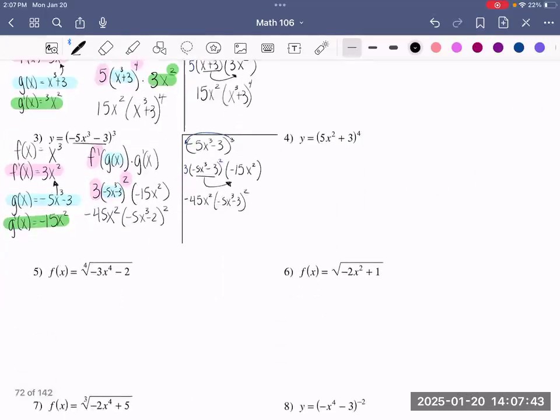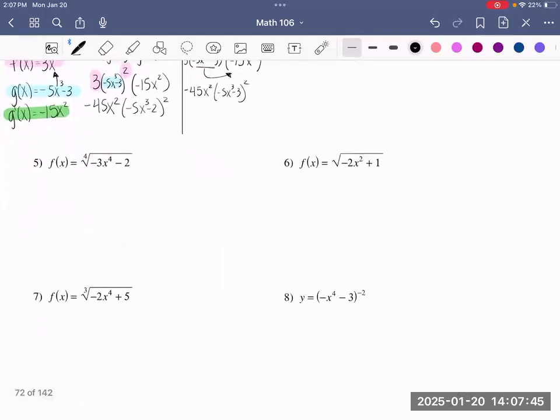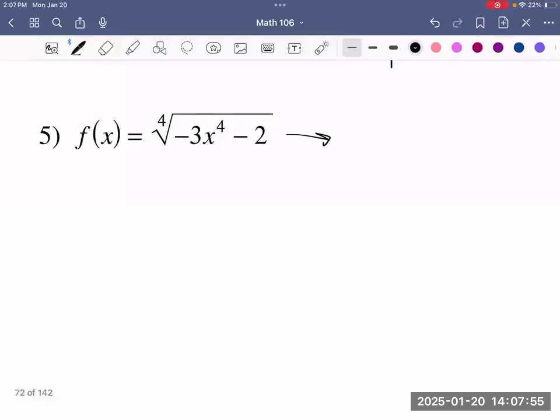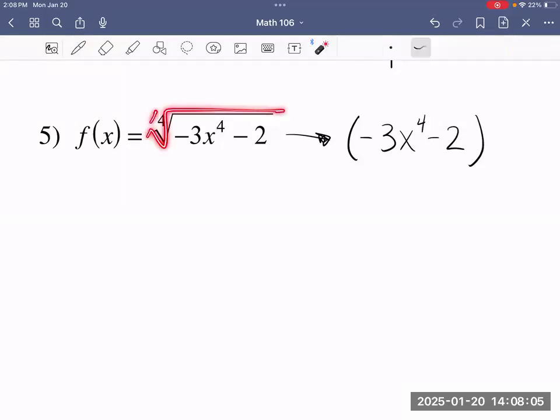All right, let's continue on. Let's see some more unusual cases. I'll do 5 and 8 from here. If you have any sort of root, we always want to rewrite the root to show that it has a power. You'll notice that everything on the inside is now being taken to the fourth root.